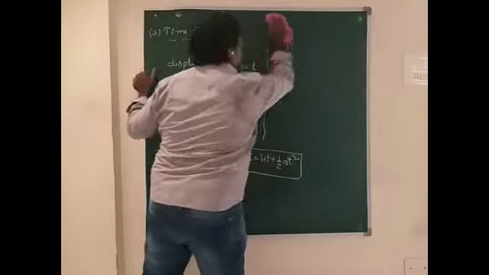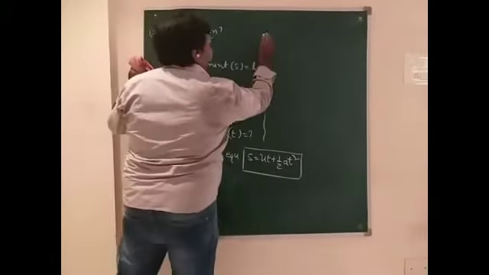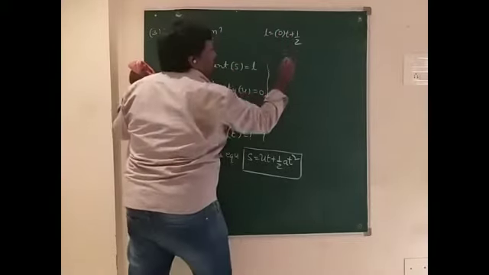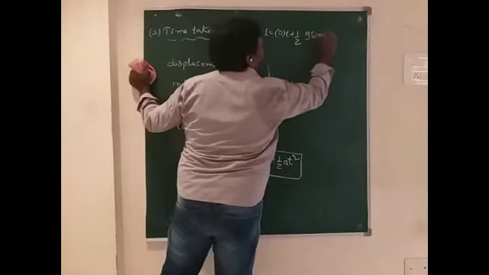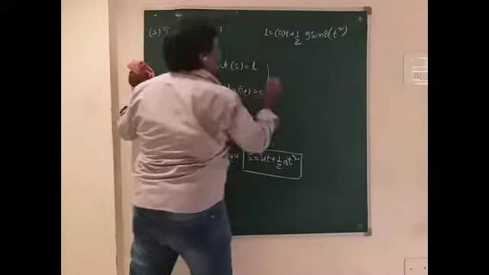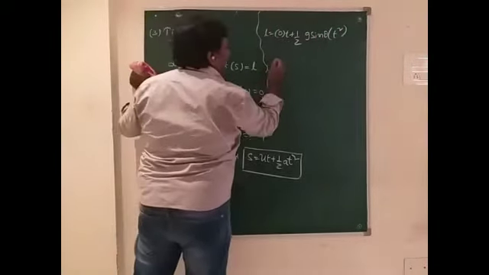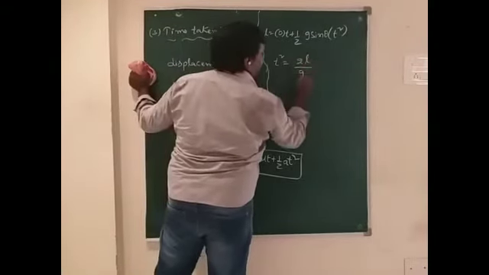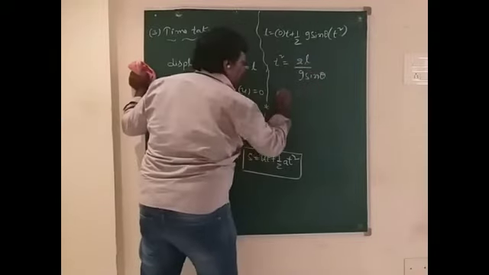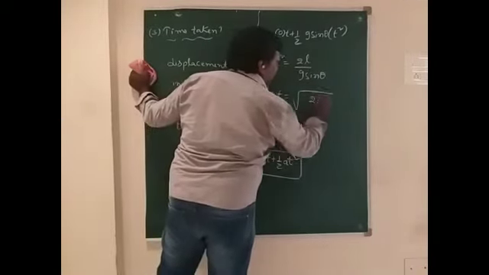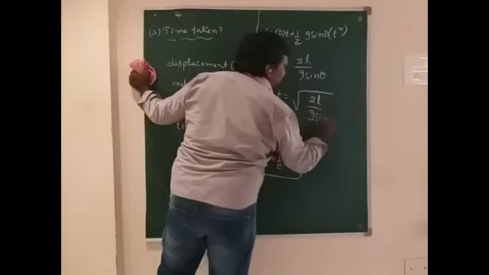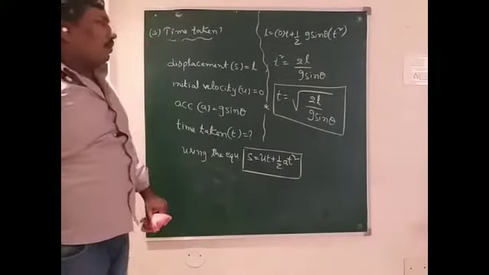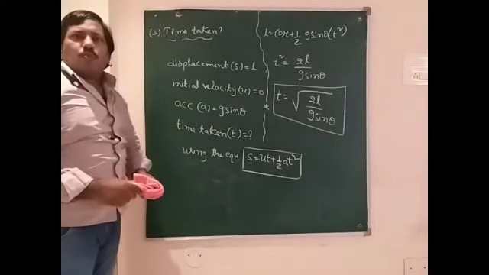Once again it can be written as L equals 0 into t plus half g sin theta into t square. Therefore t square equals 2L by g sin theta, so t equals root over 2L by g sin theta. So this is the time taken by the body to reach from the top of the inclined plane to the bottom of the inclined plane.